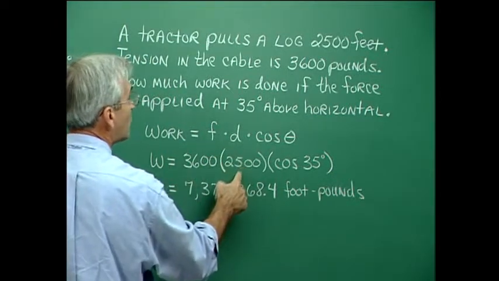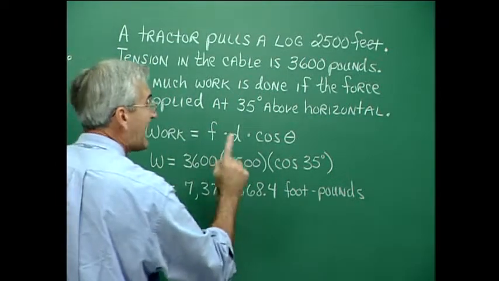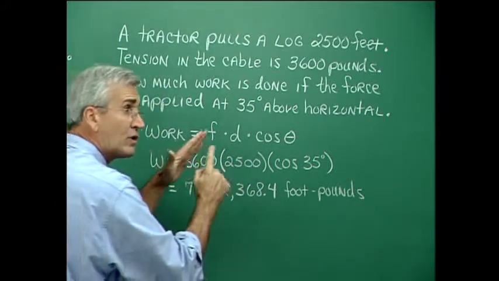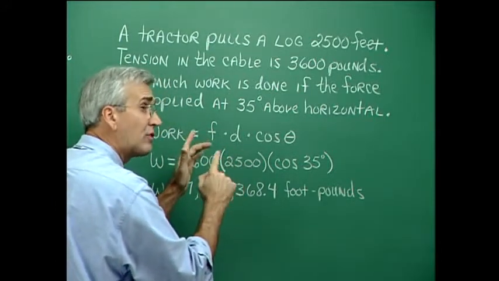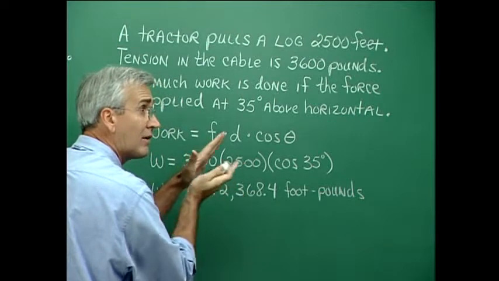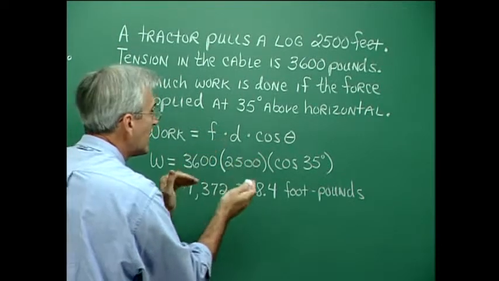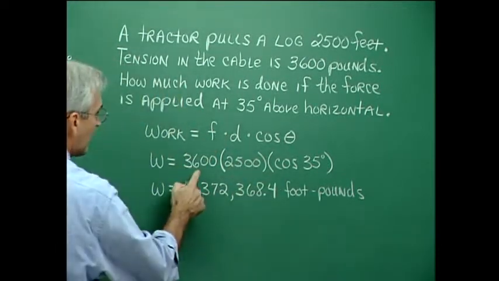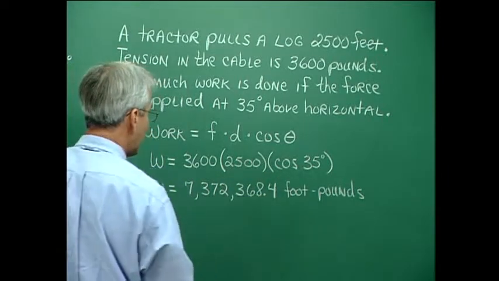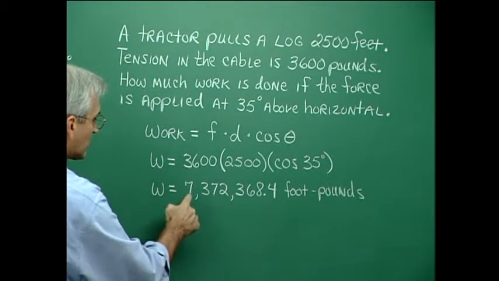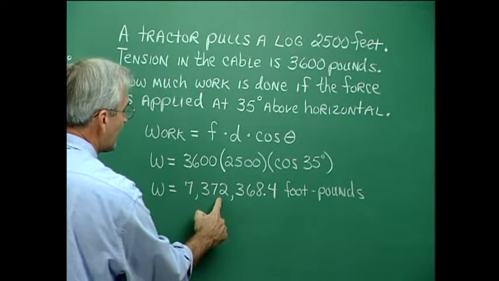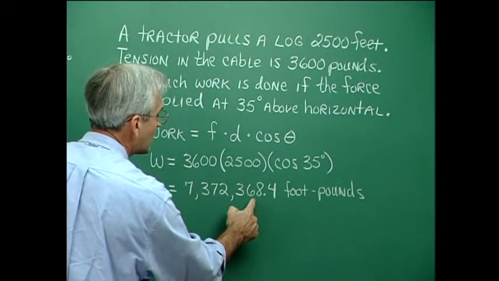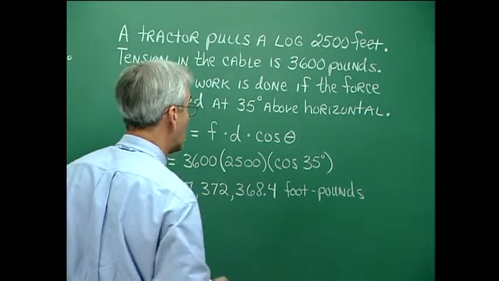We have a distance of 2,500 feet. And the angle at which this cable is attached to the log, in relation to the motion, is 35 degrees. So we have 3,600 times 2,500 times cosine 35 degrees, and this is approximately 7,372,368.4 foot-pounds of work.